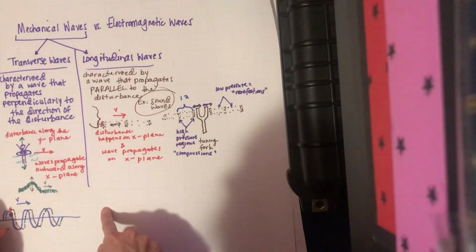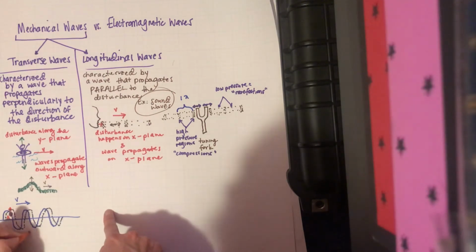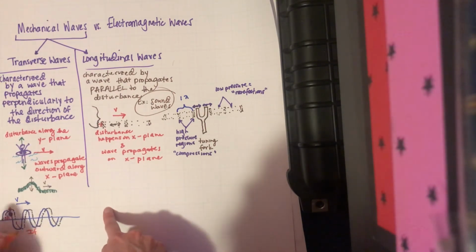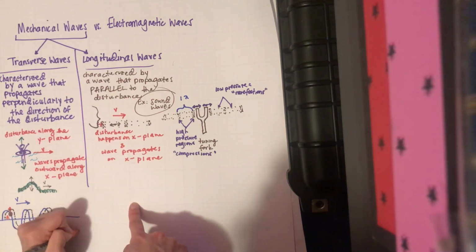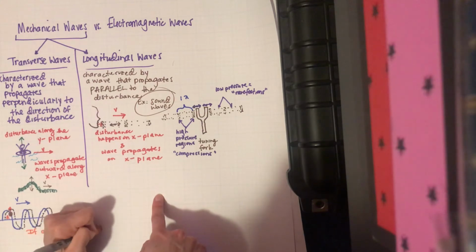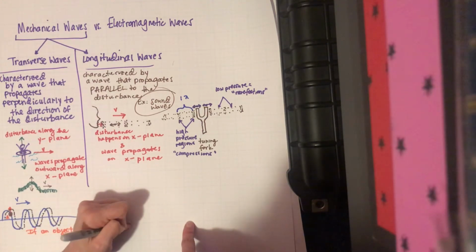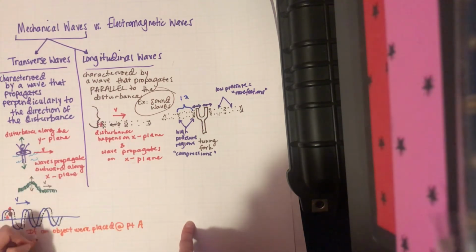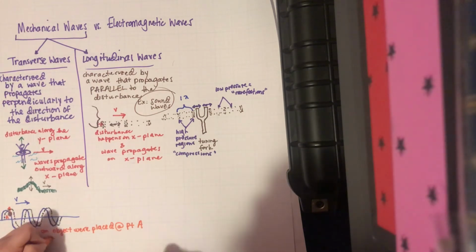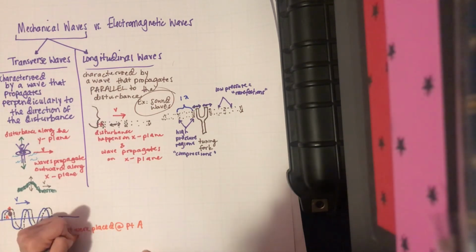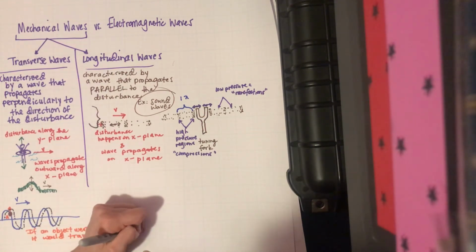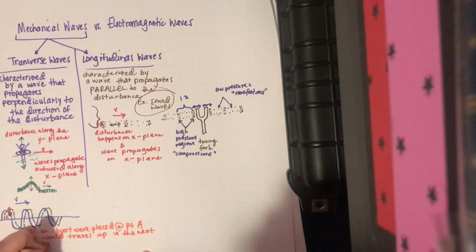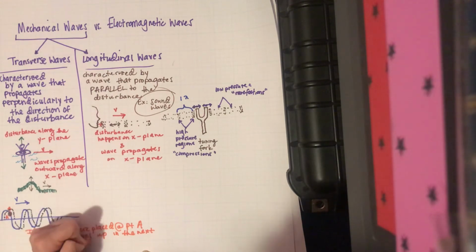Okay, so if an object were placed at point A, it would travel up in the next moment as this transverse wave passes through it.